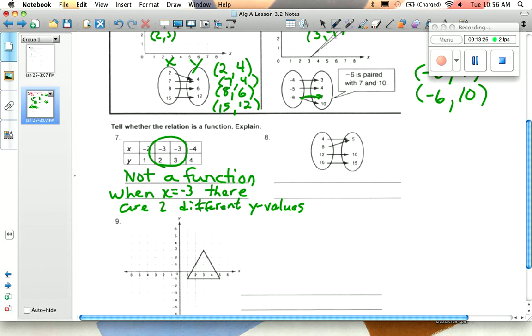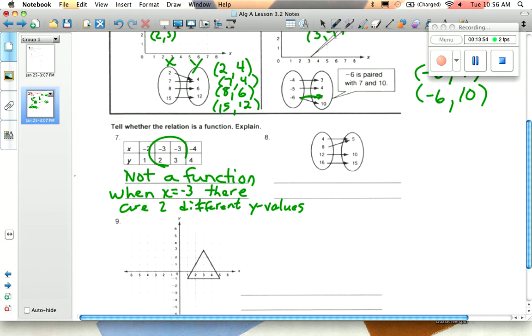It wouldn't have 2 different ones. It would have the same one. So you're saying if we would change this one, let's say to a 2. Now when x is equal to -3, does it have 2 different y values? No, it has the same y value. So then it would qualify as a function now. But that isn't what it was, so we had to say it's not a function.